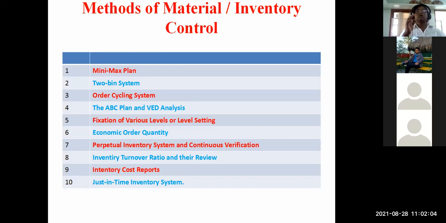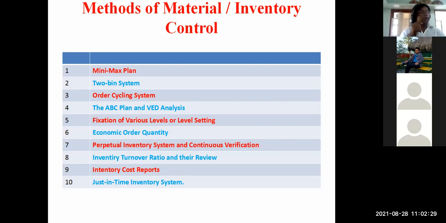When you purchase goods in small quantity, there may be timely delivery. When you order someone, that person may deliver to you in time. But when you order too much at a time, there may be delay in supplying. So these are the advantages of JIT, just in time.